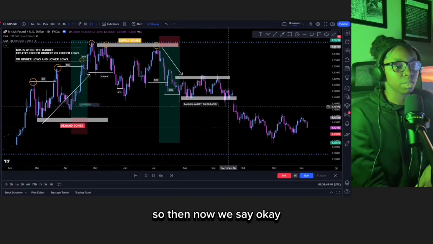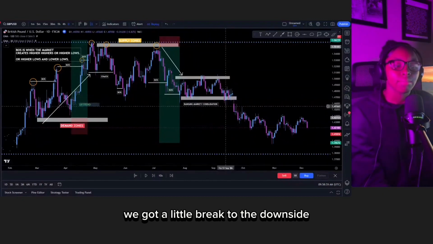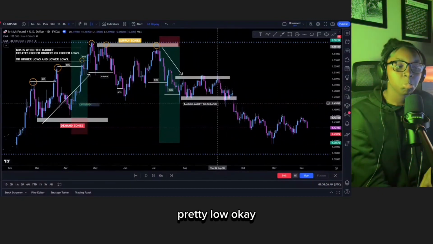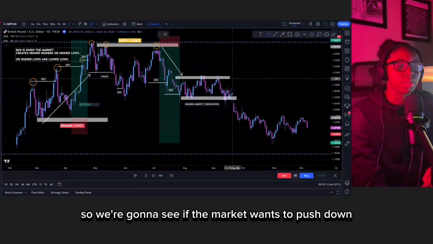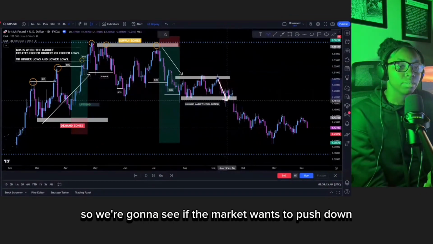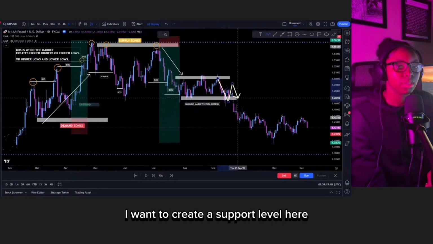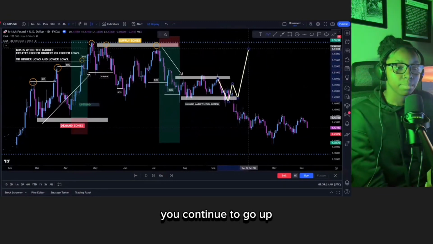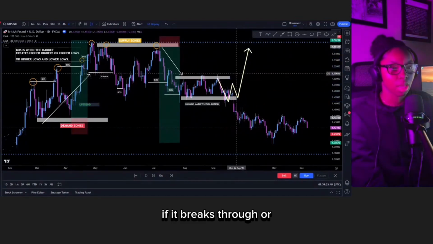And finally, when we get our first break below, it's like 1.45. So then now we say, okay, we got a little break to the downside, pretty low. Okay, let's see what the market does. So we're going to see if the market wants to push down, and then the market says, okay, I want to create a support level here and continue to go up. That's an option if it breaks through.